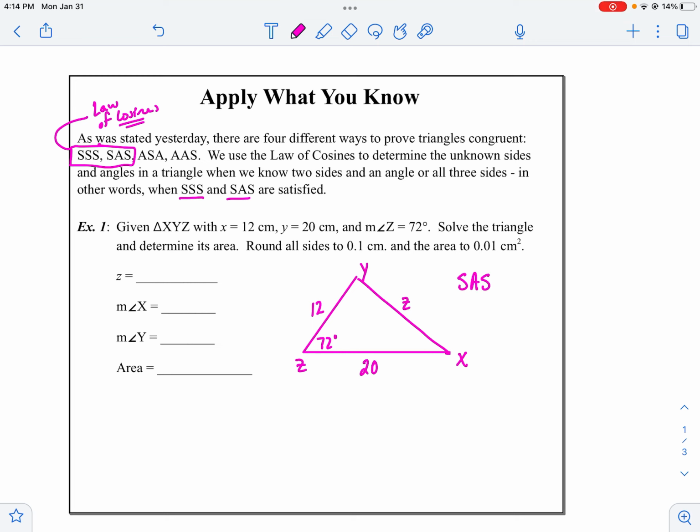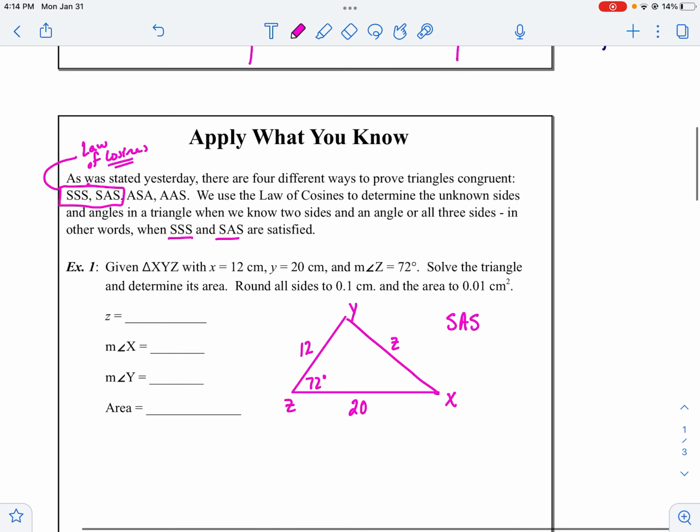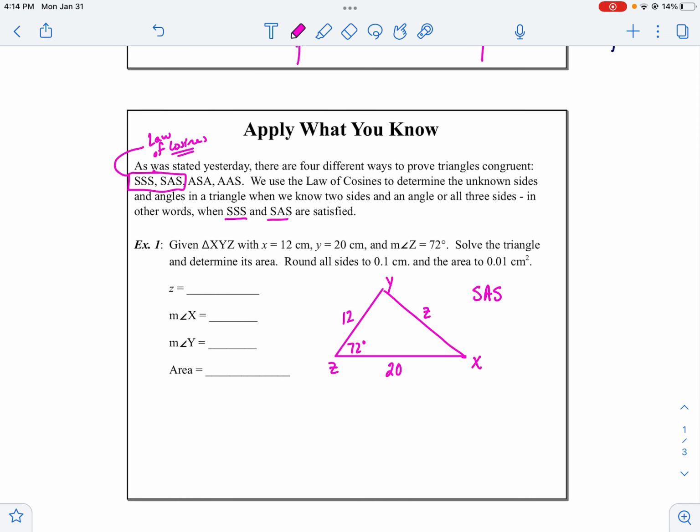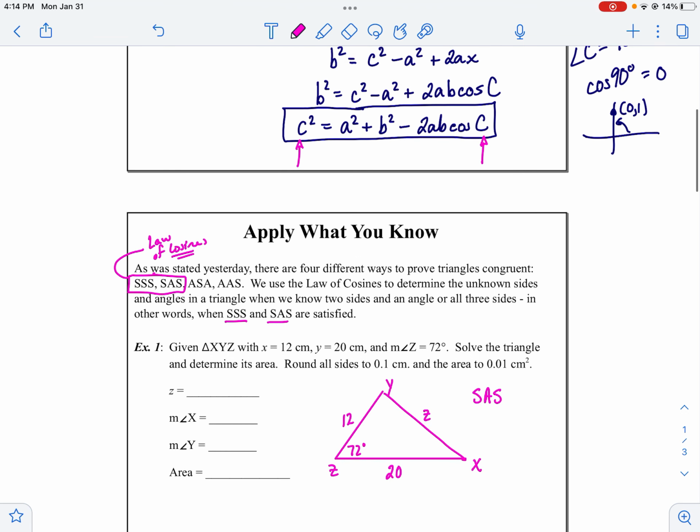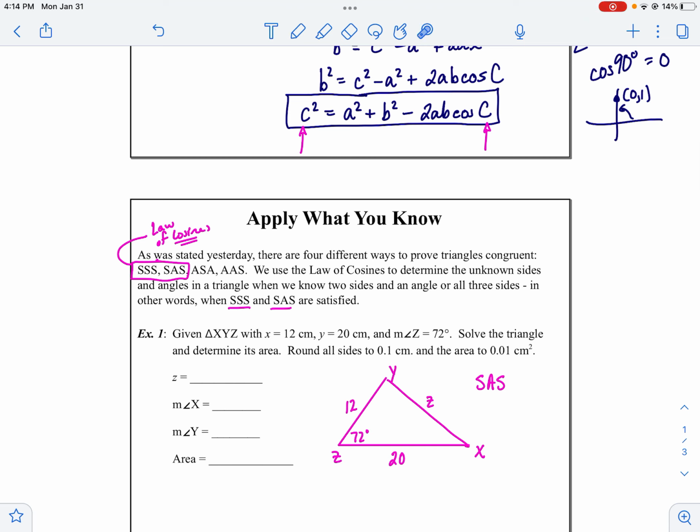That forces me into, I've got to use the law of cosines. As much as I'd like to avoid the law of cosines, perhaps, I don't have any option here, okay? All right, so the way this works is, notice that the only angle I have is 72. So I know for my equation then, the only place that there's an angle in this equation is at the very end, the cosine of the angle. Everything else is a side length.